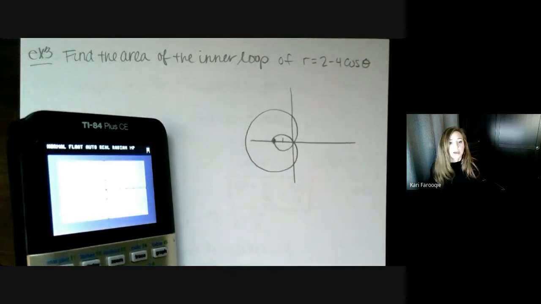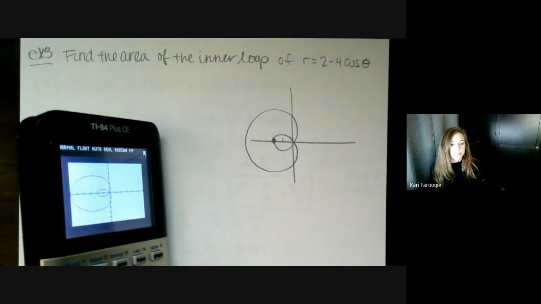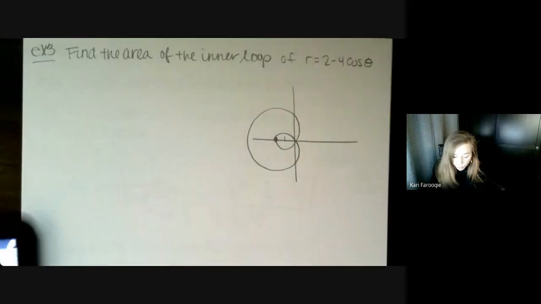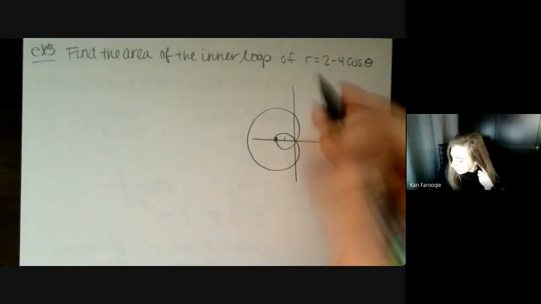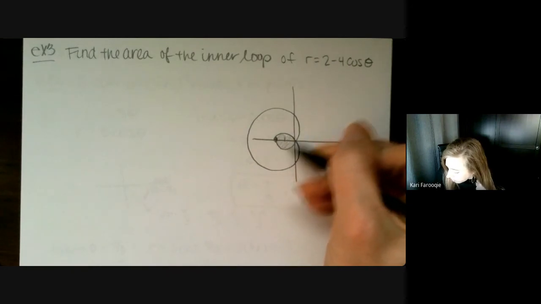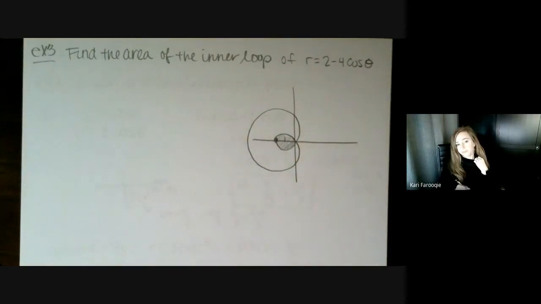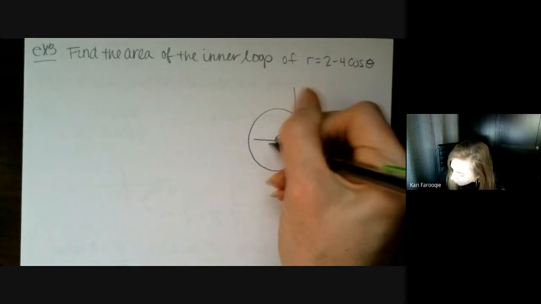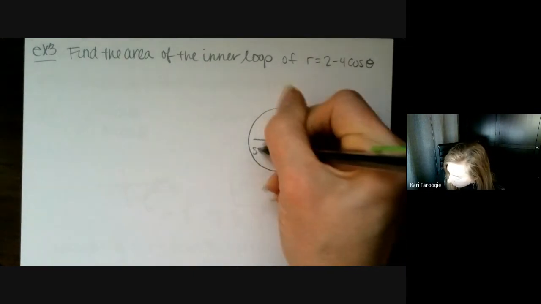Did something like that. Not exactly, but something close to that. What we're focusing on is finding the area of the inner loop, which is this thing. That is the inner loop. This is where your graph started.